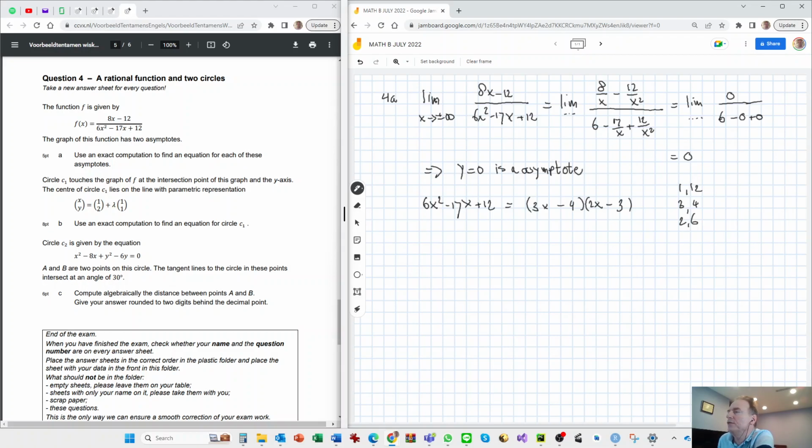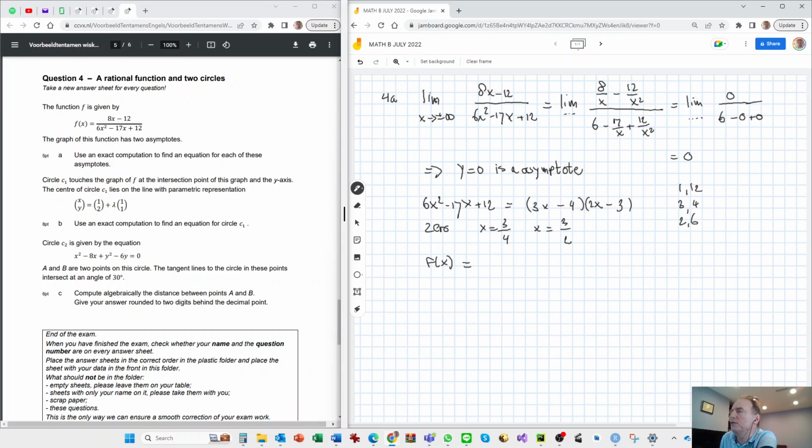If you cannot find this, you can just use the square root equation to find the roots of this. So this can become 0 when x is 3 over 4 or x is 3 over 2. As a matter of fact, let's rewrite the function. So f(x), I take out a common factor here, namely 4.